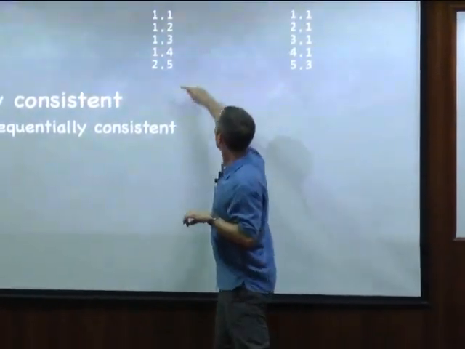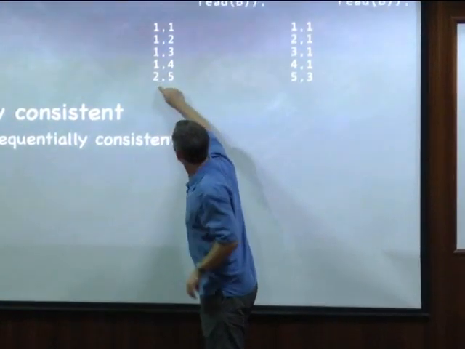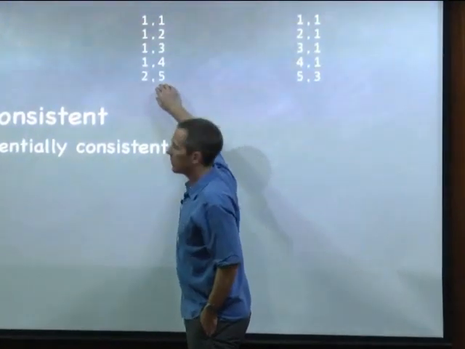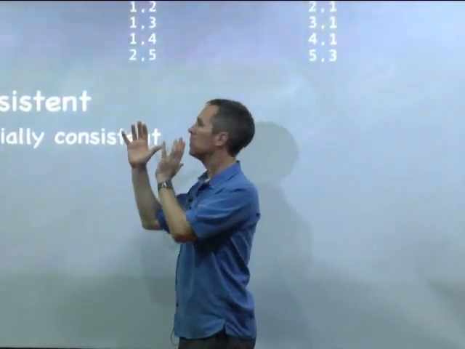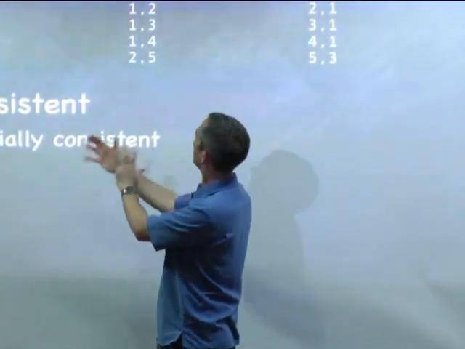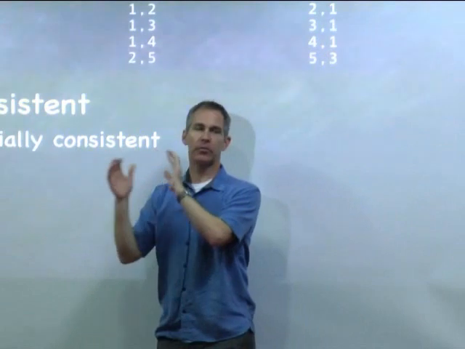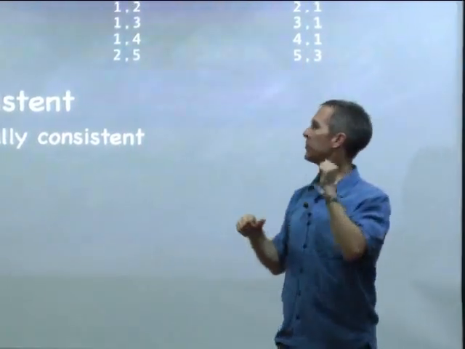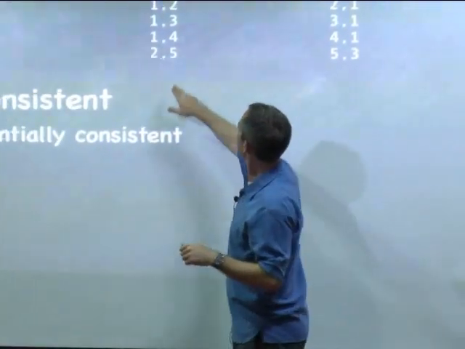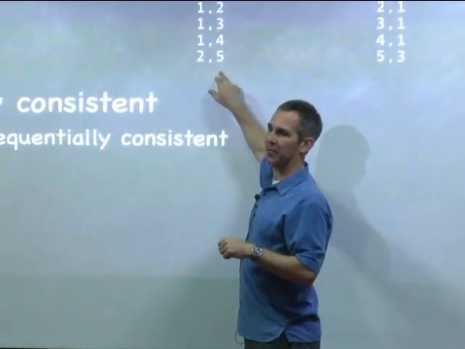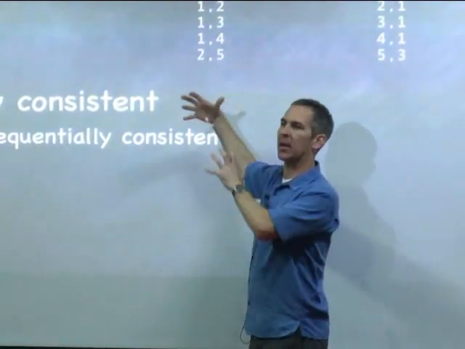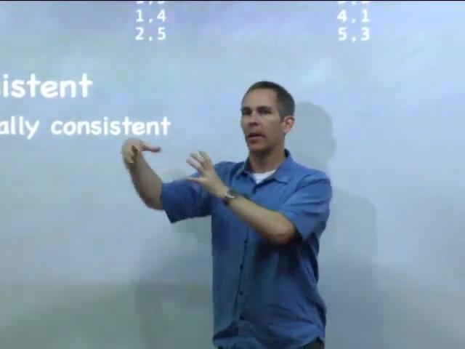For example, if process 3 were now to write to location C the string, "I just read that A was 2 and B was 5," that's the contents of C now. And some other process reads C and sees that someone else reports they just read a 2 and a 5.